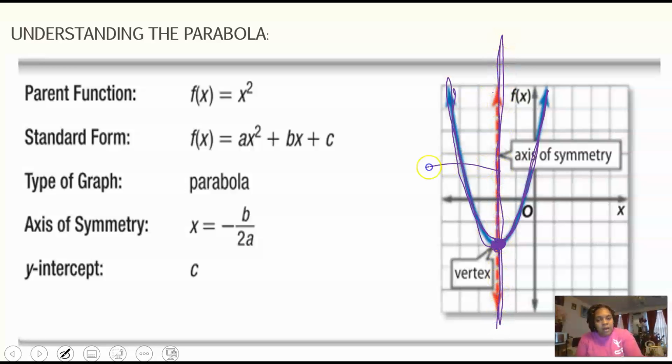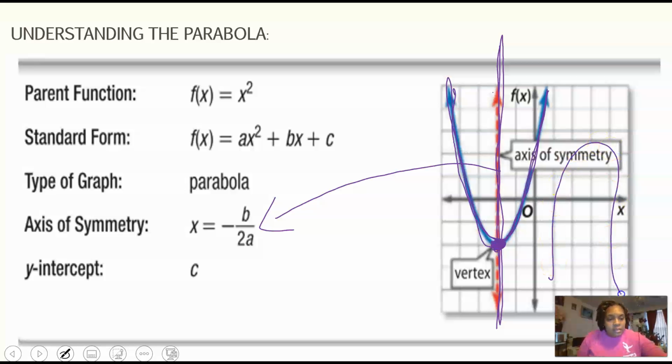But they also provided a formula, if you don't know that exactly or if the point is not so pretty, so you can use whatever information you have to get the axis of symmetry. And then if your graph was going like this, this would be your maximum point, and the other would be the minimum.